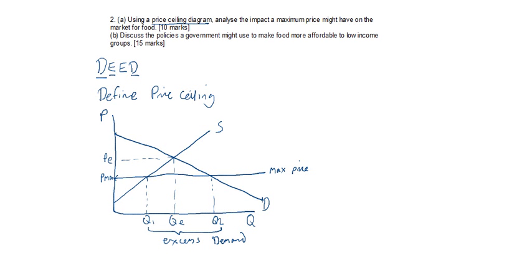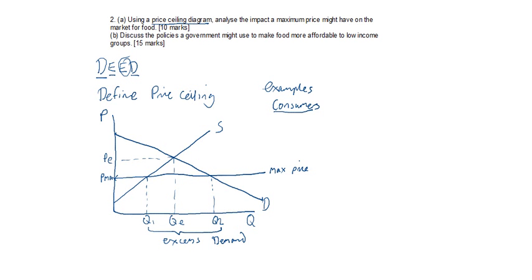And in your explanation, you could give examples of where you've written it. So to fulfill this, give examples of when this might happen. So the government might want to protect consumers from a price that they regard as being too high, so they implement a price ceiling or a maximum price to try to protect them.